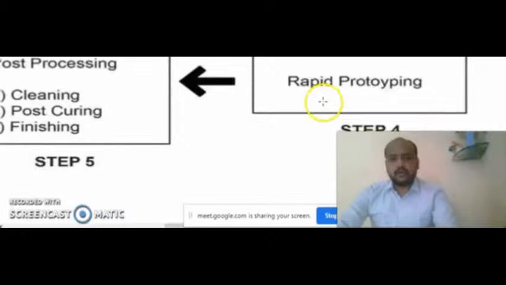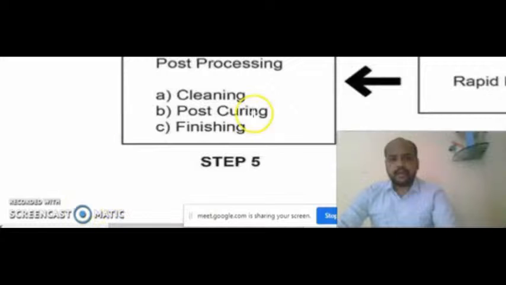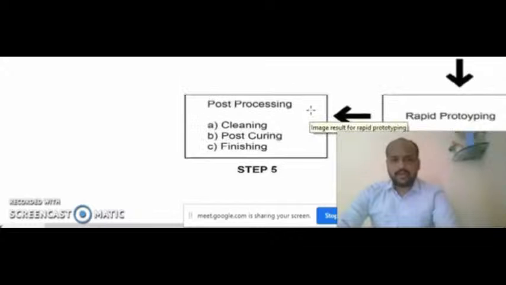Then you can go for the 3D printing of that component using a 3D printer, which is called rapid prototyping. And you can finally go for the post processing of that printed model. You have to clean it, cure it, and finish that model. So this is a common procedure in 3D printing technology.